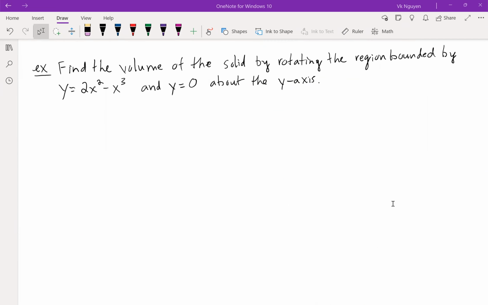Example: find the volume of the solid by rotating the region bounded by y equals x squared minus x to the 3, and y equals 0, about the y-axis. We can sketch out the region.